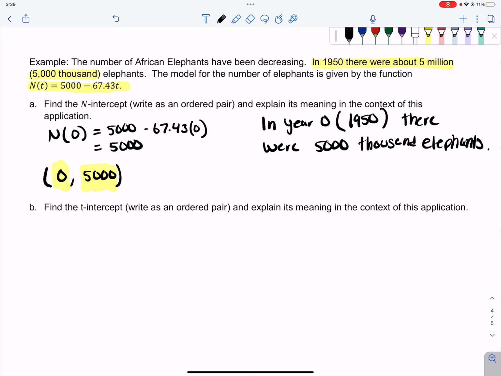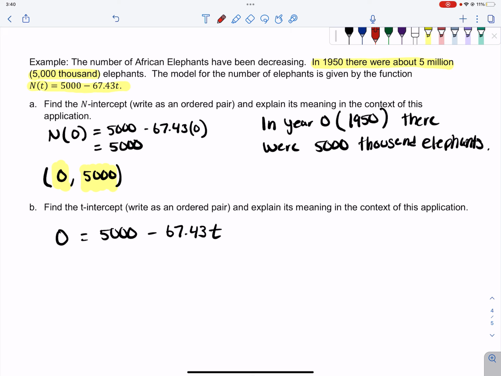The next one, we want to find the t-intercept. That means we want to replace n(t), our output variable here, with 0, and then solve for t. So we have 0 = 5,000 - 67.43t.